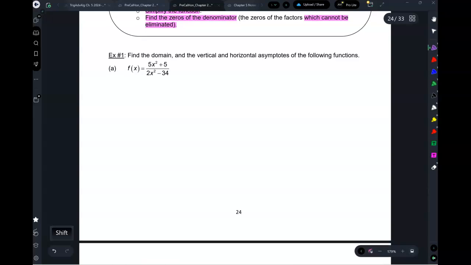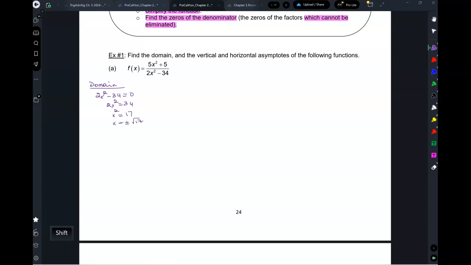So for the domain, you have to set the denominator equal to 0. So x squared is 17. X is plus or minus root 17.